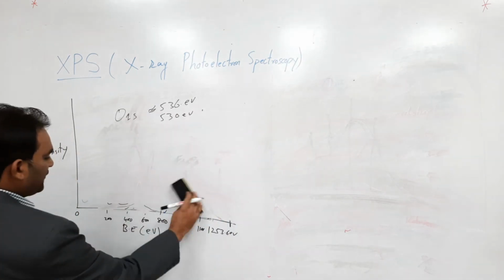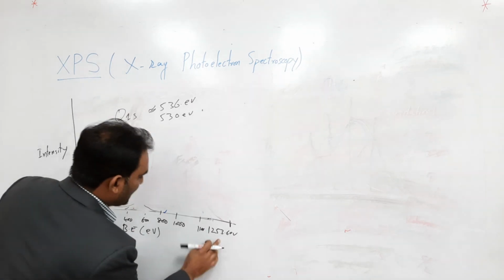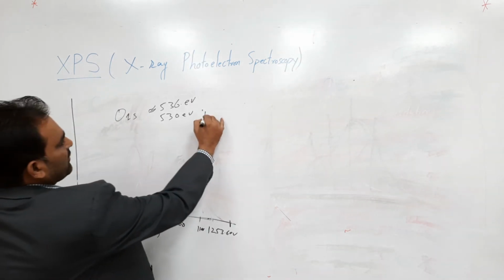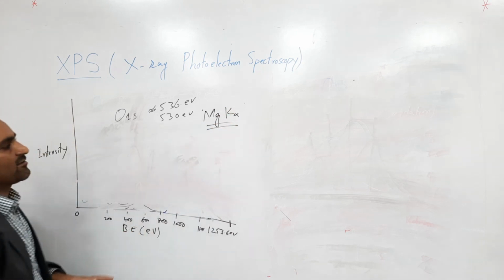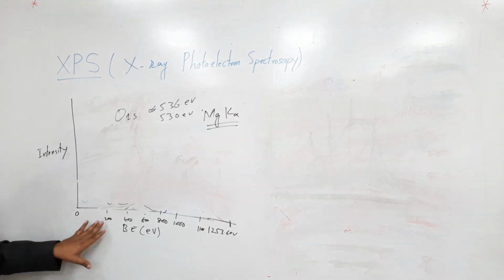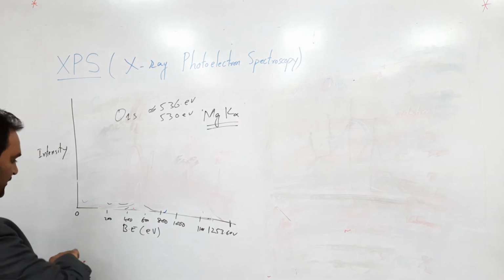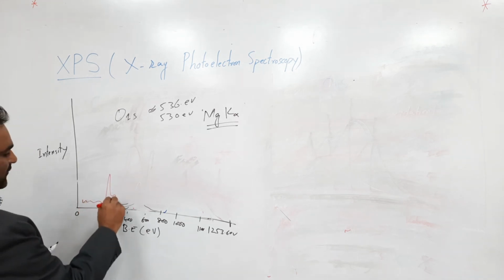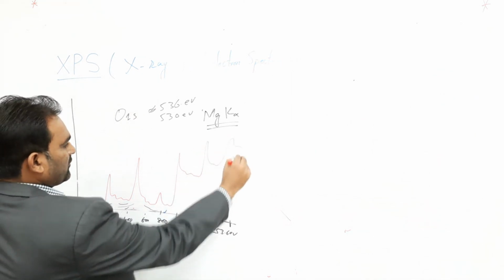Here we have different binding energies from 0 to 1253 while using magnesium K alpha, where the X-ray energy is coming from this source. We will come up with different spectra like this.